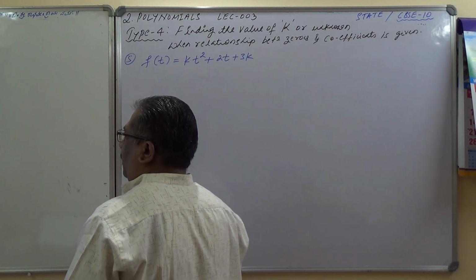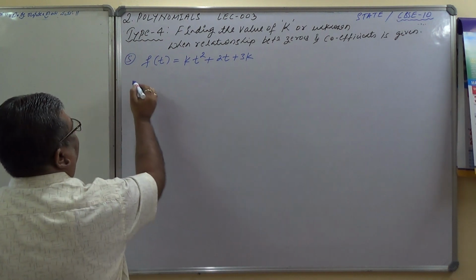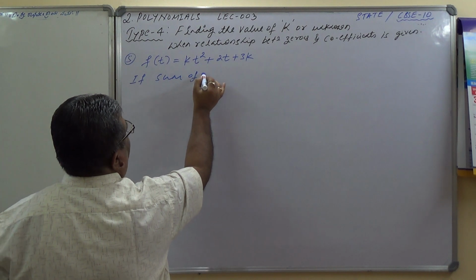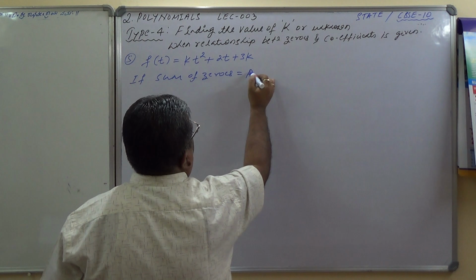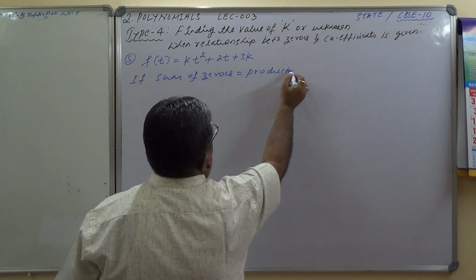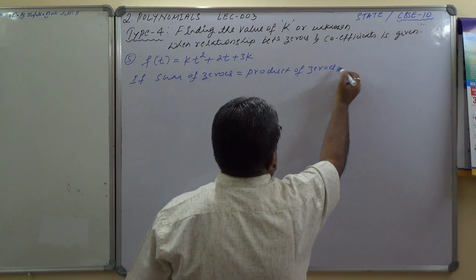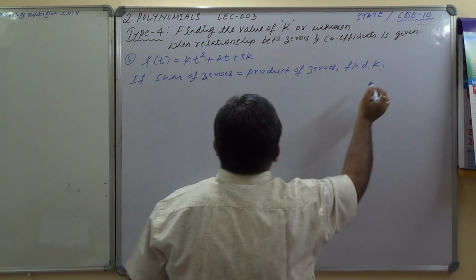Question is, if the sum of zeros is equal to their product, find the value of k. If sum of zeros equals product of zeros, find k. This is the question.